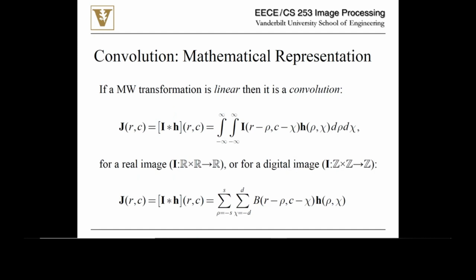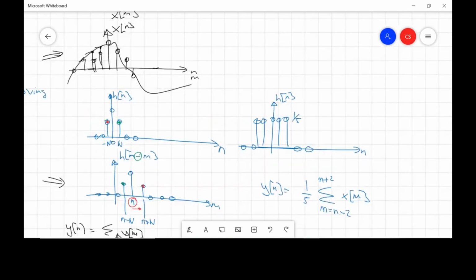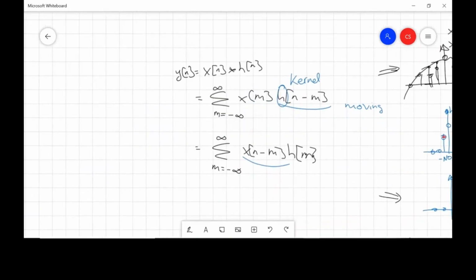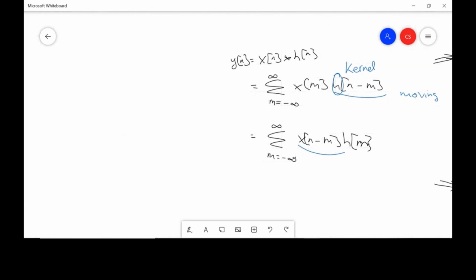Now let's extend the idea of convolution to 2 dimensions, step by step. Let's come back to the definition of the convolution, and now write the same convolution in 2 dimensions. We have a new image, let's call it J. Let us make it first discrete.